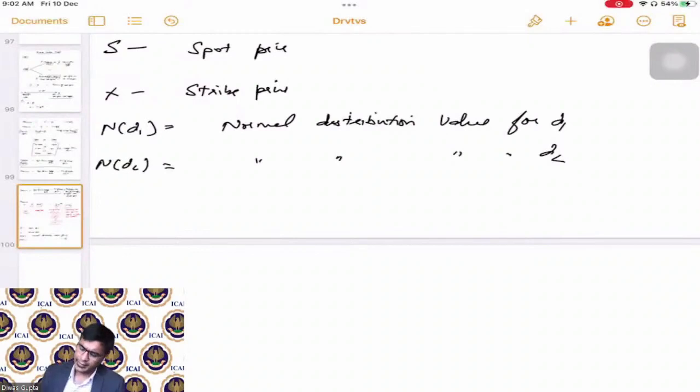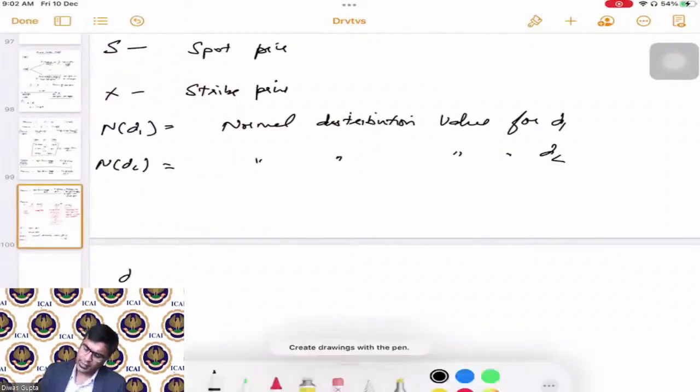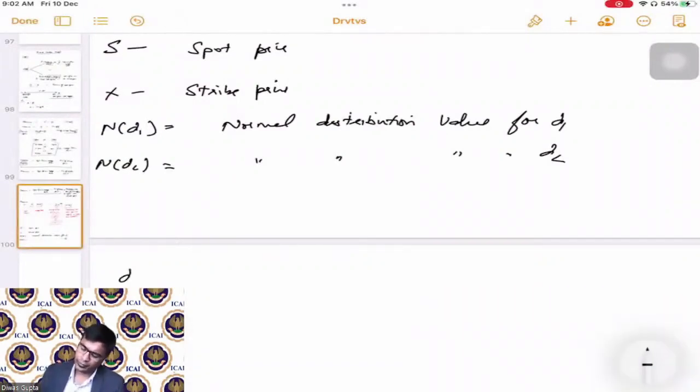Okay. And d1 is equal to, now this is a formula that we have to remember. I cannot do the derivation of this d1, d2 here because it involves a lot of concepts on Brownian motion and other things. It's better to remember this formula.